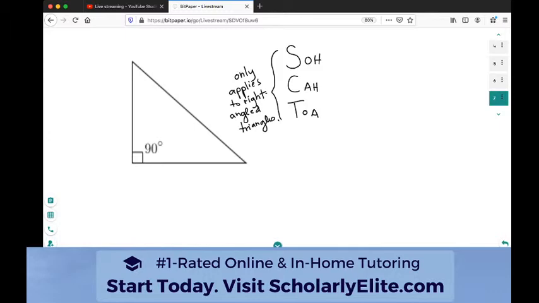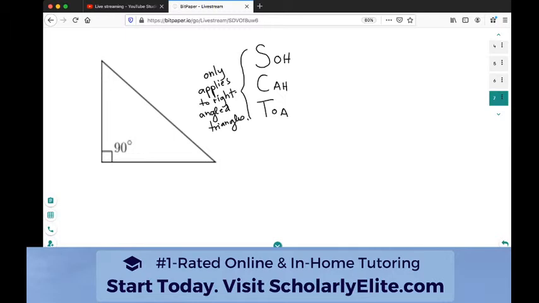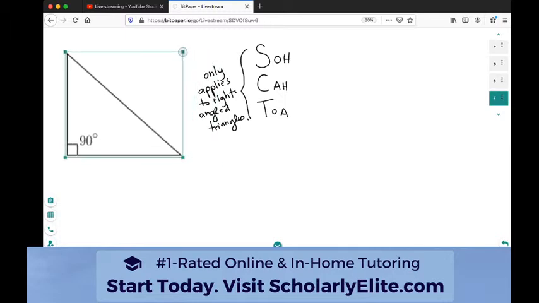So considering the fact that it has a 90-degree angle, we also know that there are a couple things that are standard. First is that this side length that is opposite the 90-degree angle is called the hypotenuse.